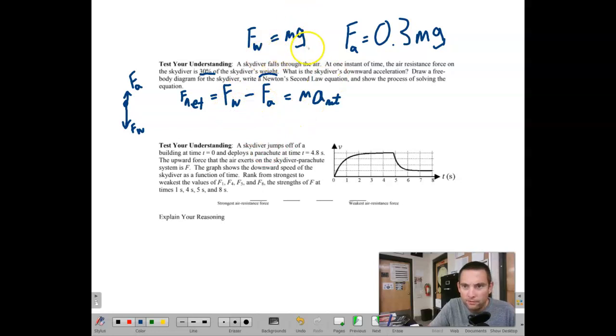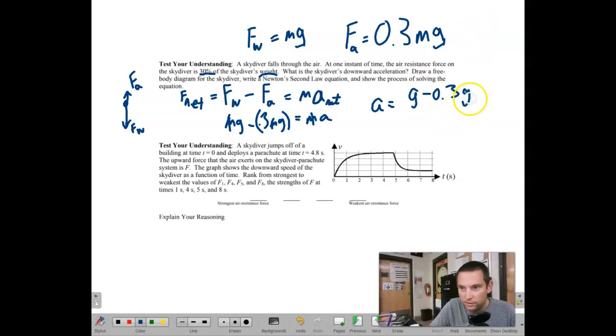Okay, so we've already got this stuff up here. We have mg, and then we have 0.3 mg equals ma. We have a mass in each term, so we can divide out mass to solve for acceleration, and that'll get rid of that. What we're left with is acceleration equals g minus 0.3 g.